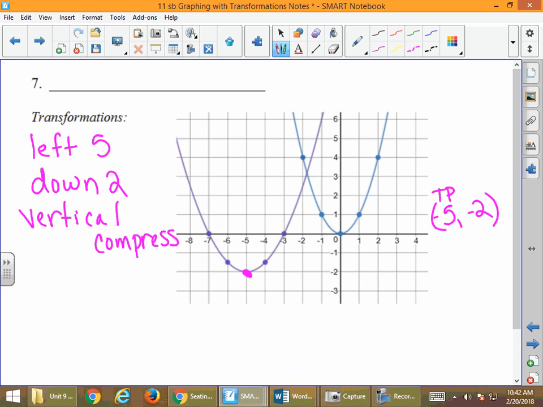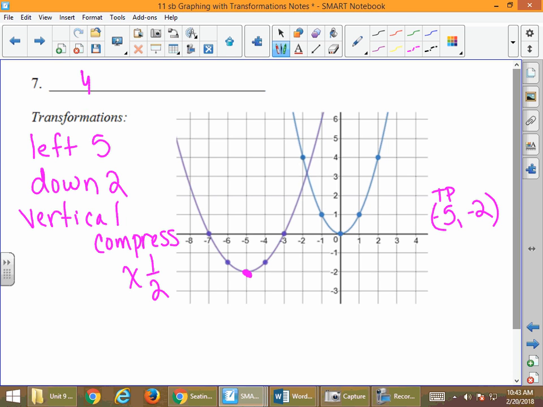And then as we take a look here, maybe we can tell from this first point, but we really can tell from the second point. We went 2 spaces to the right. Instead of 4 up, we only went 2 up. 2 is half of 4, so our vertical compression is by a factor of 1/2. And now we have everything that we need to write our equation.